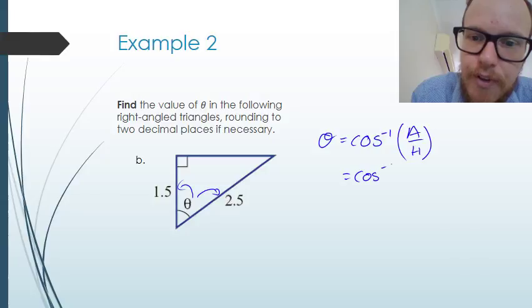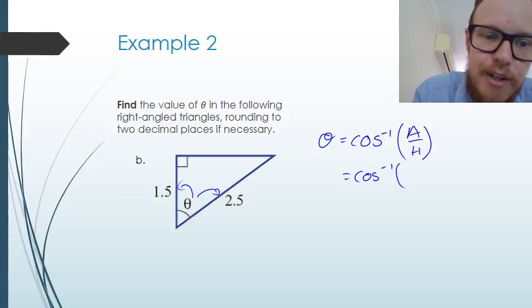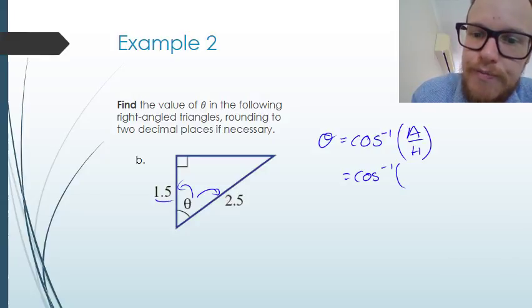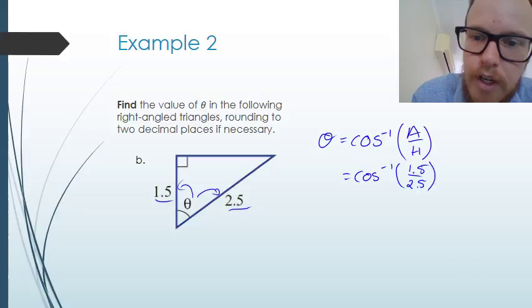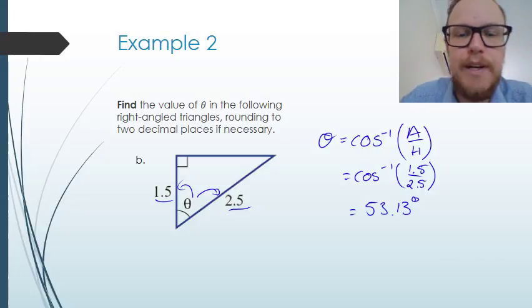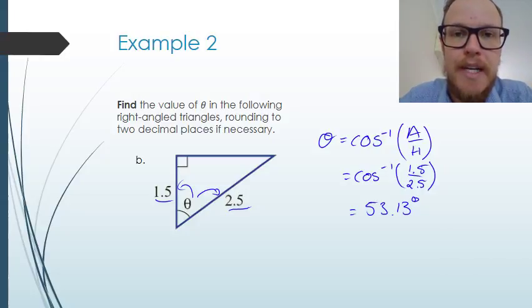So inverse of cosine function, our adjacent side is 1.5 and our hypotenuse is 2.5. Plugging that into our calculators gets 53.13 degrees, rounded to 2 decimal places.